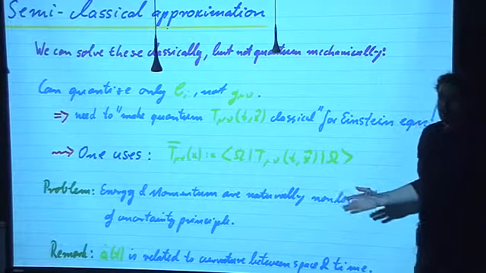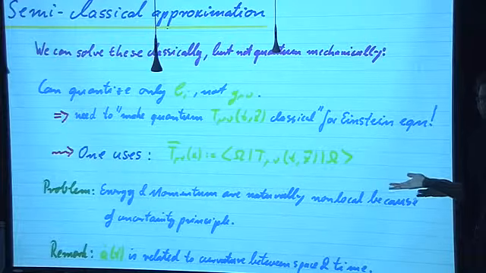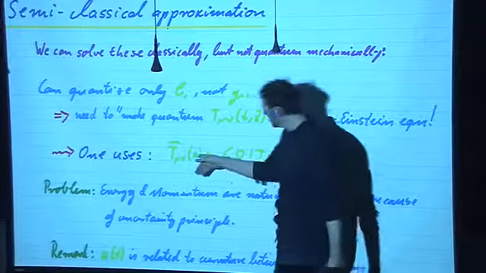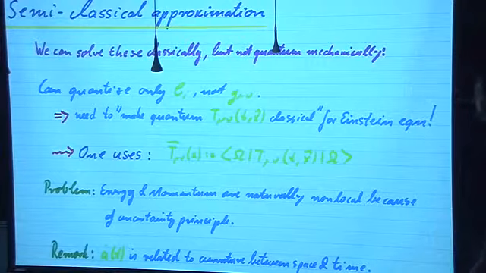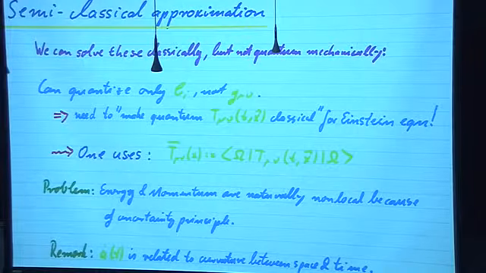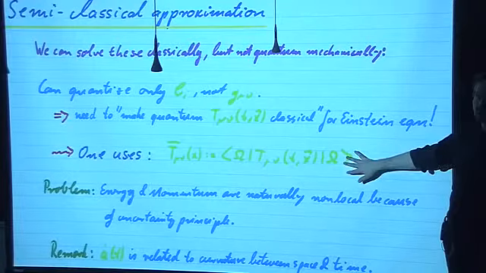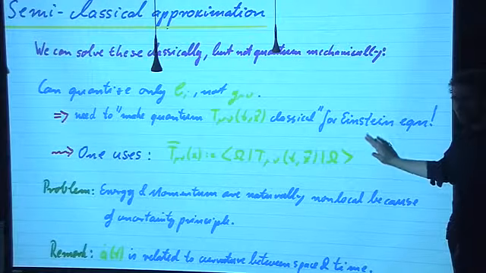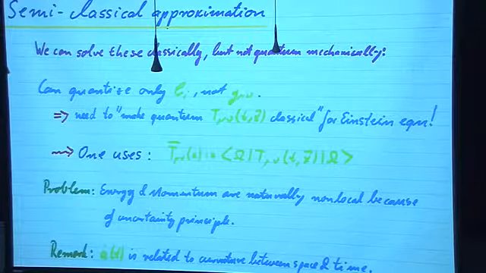If you know where you are, you don't know what momentum you have. But this is saying that at every point in space and time, you're supposed to know what the energy momentum density is. And so something is going on here. This is definitely not how nature works. We can only view this as an approximation that we do because we can't do better. But it's definitely not satisfactory.